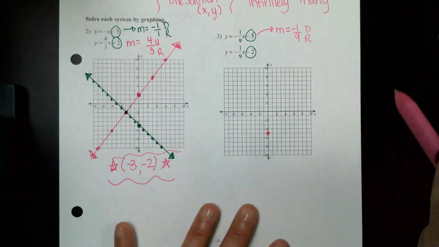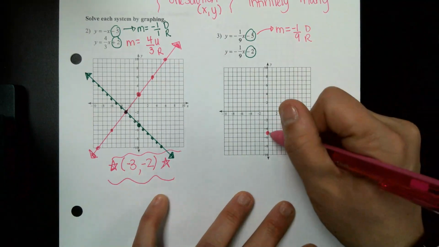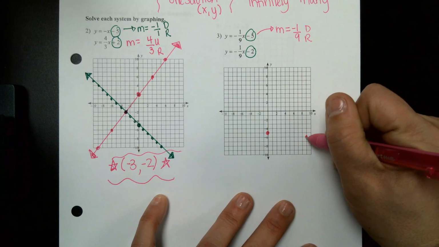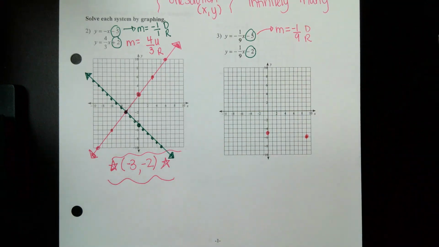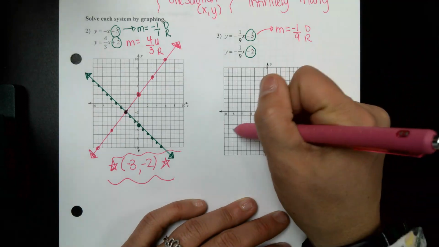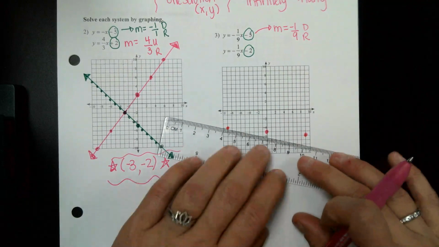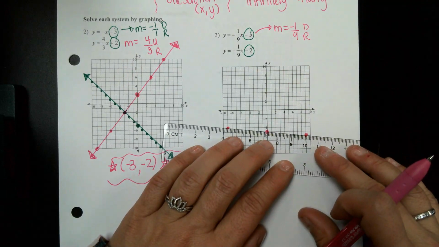Well, do we have enough room to go down 1, right 9? Yes, but we can only do it once. So down 1, right 9. Do I have room to go up and left? Yep, but just once. So up 1, left 9. That was the top line, top equation.